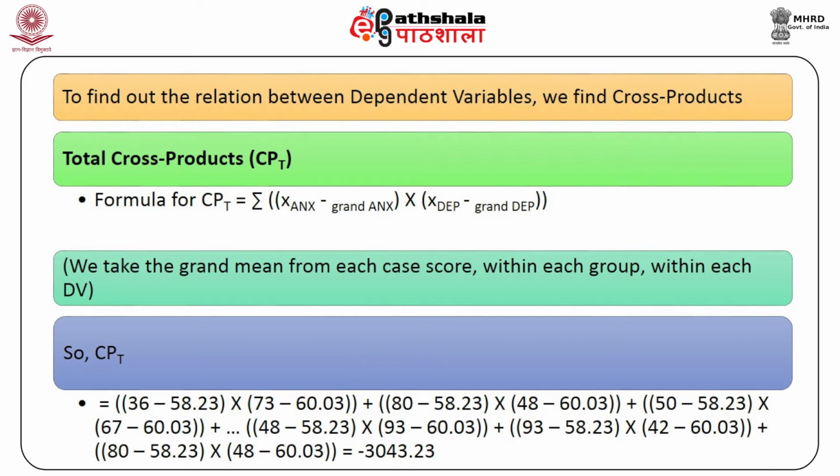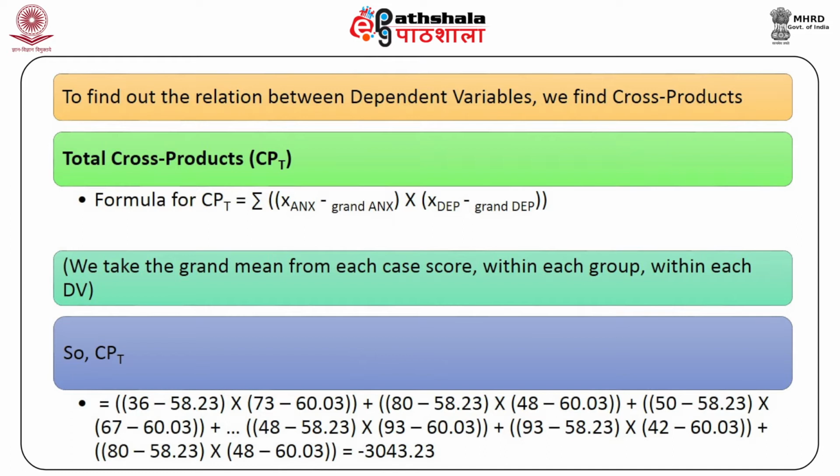The total cross product, the formula for cross product is, as we can see, the grand mean from each score within each group and within each dependent variable is taken, multiplied and added. So, it turns out to be minus 3043.23.